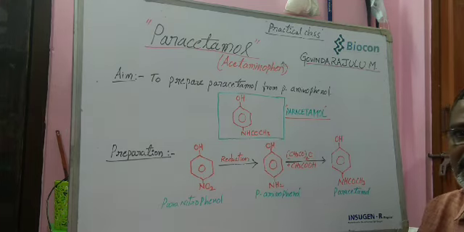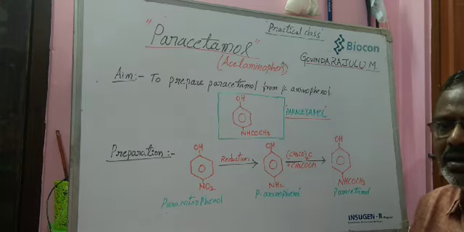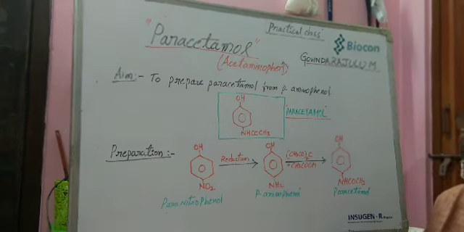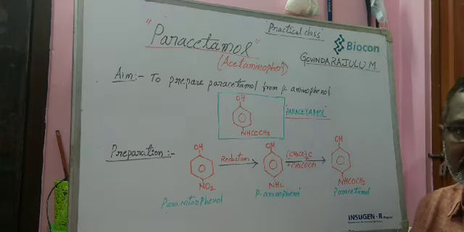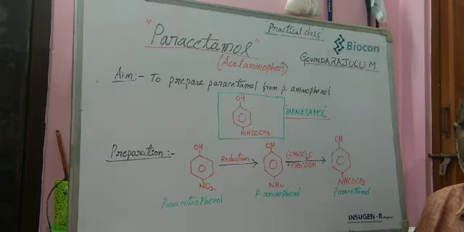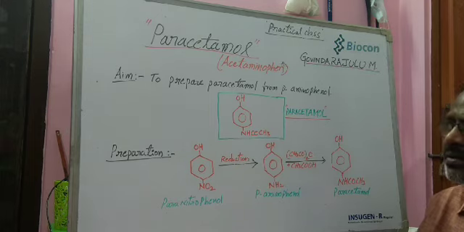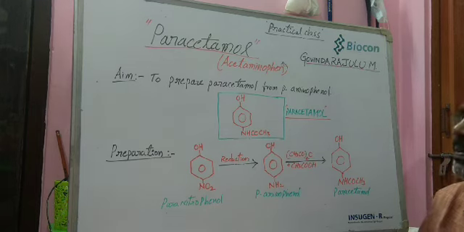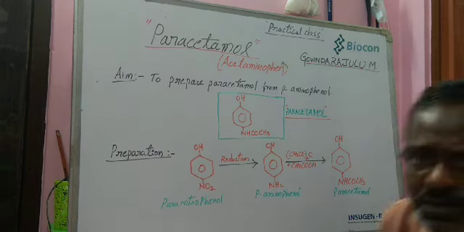Next class we will discuss aspirin, then acetanilide, then phenyl-azo-beta-naphthol. Okay, students, write down in your observations these points: aim, then apparatus, what chemicals we have to use, what is the experimental procedure, and what is the result. These steps one by one you have to write down. Okay, students.